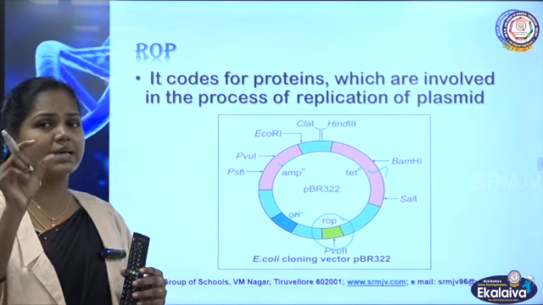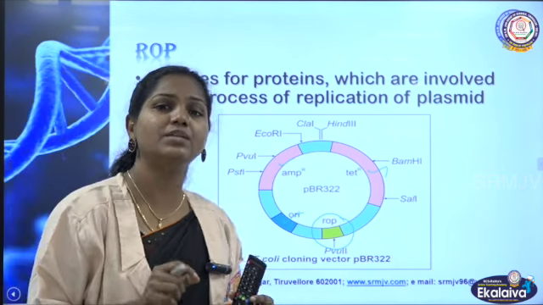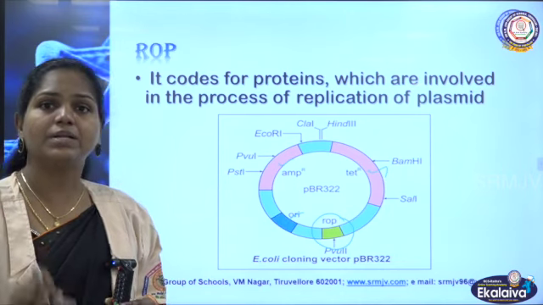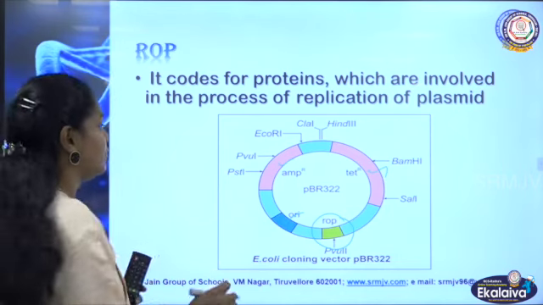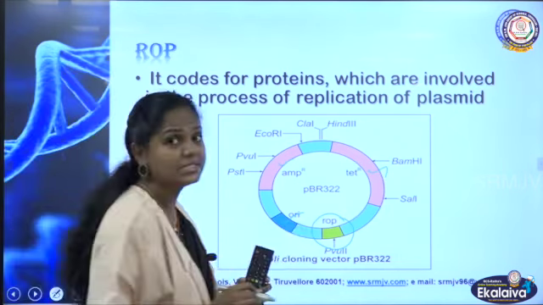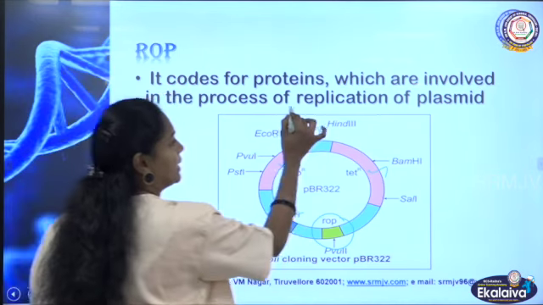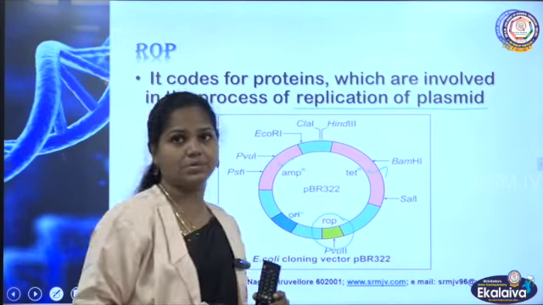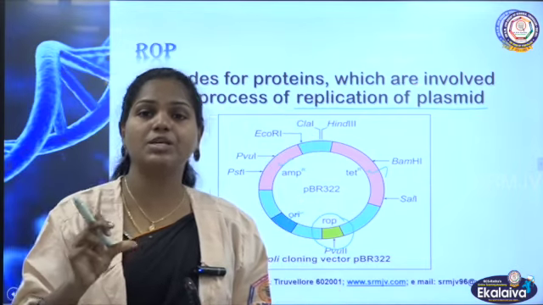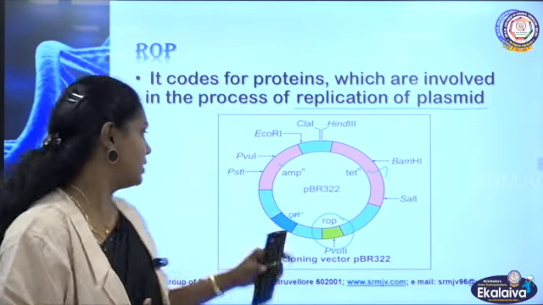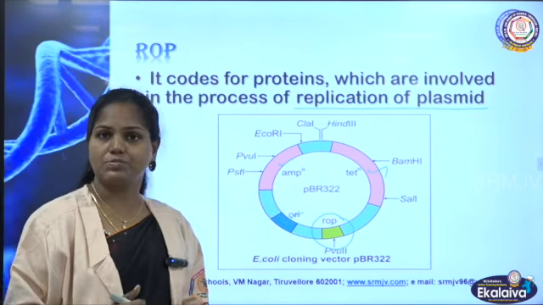That is a small segment of a gene which codes for a protein, and that protein is very essential for the replication of this plasmid. So ROP stands for replication of plasmid, a segment of a gene which encodes a protein essential for the replication of the plasmid.